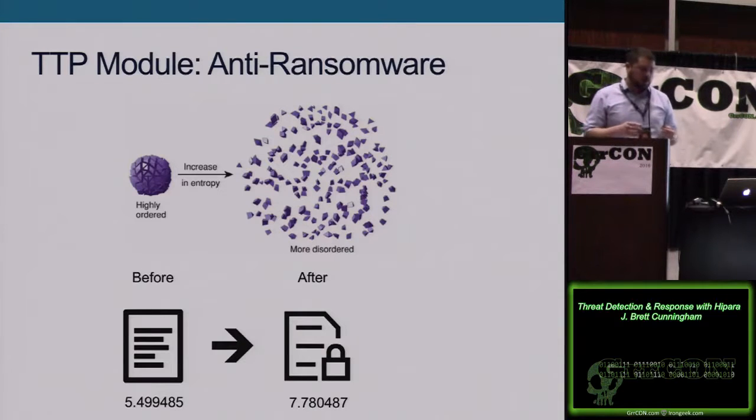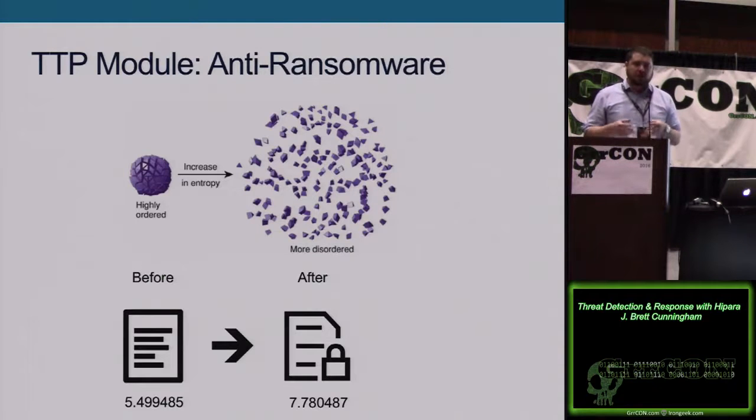So by using entropy, we're able to see that there's a huge difference in the randomness and the order of the file. Using the Monte Carlo and Chi-square algorithms, we're able to tell the difference between a compressed file and an encrypted file.